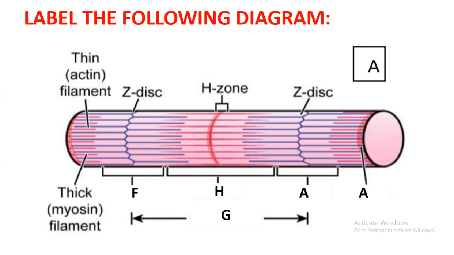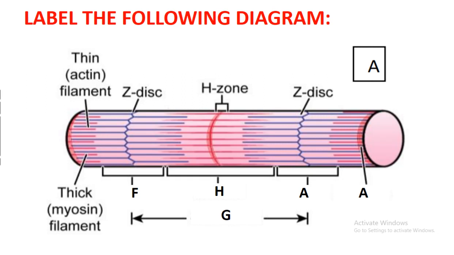E is the thick filament, and this thick filament is made up of myosin. Remember, the muscles have the thick filaments and also the thin filaments. The thick filaments are proteins called myosin, and the thin filaments are proteins known as actin.